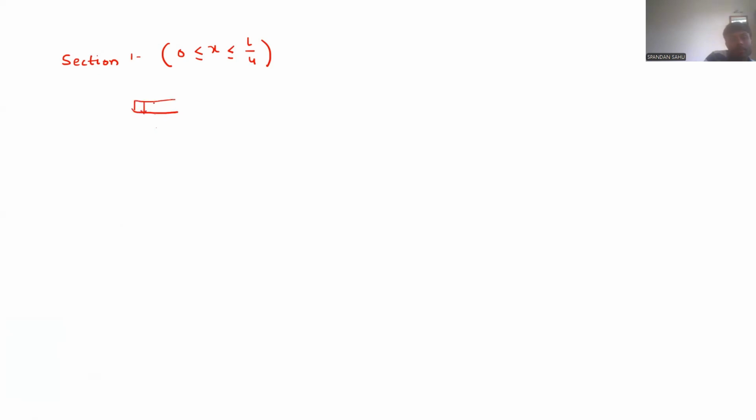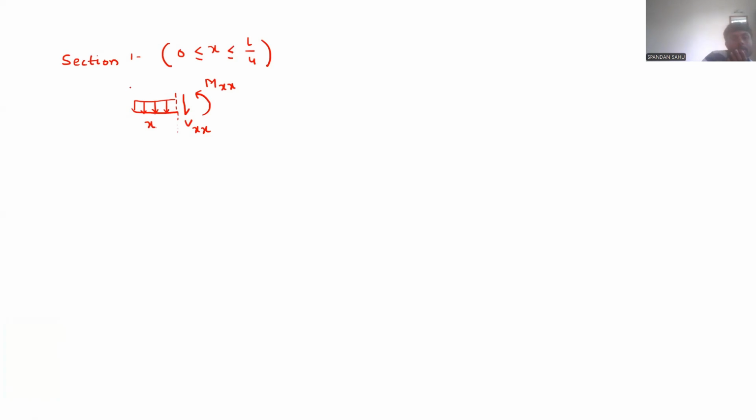Is this diagram okay for everyone? So these are the internal reactions. Any other reactions which we are missing in this part, please let me know now. Clear? So write the equation for Vxx now and Mxx now.